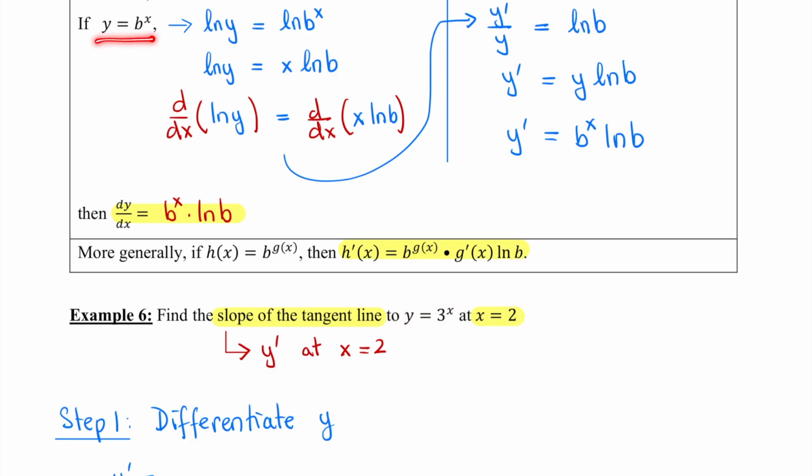Remember this rule? The derivative of b to the x is b to the x times natural log of b. In this case, b is 3. So the derivative of 3 to the x is 3 to the x times natural log of 3.